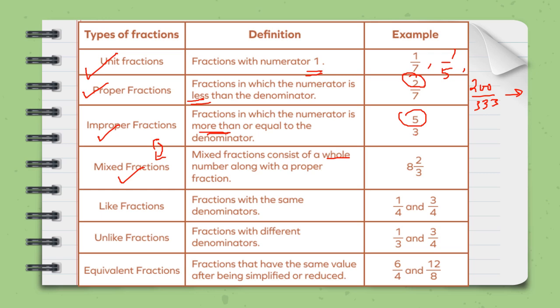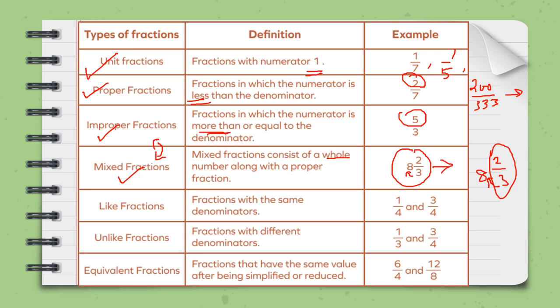Okay, let us take an example. I'm going to convert this mixed fraction, that is 8 2/3, to an improper fraction. So how do I convert? I'll multiply. This is my whole part: my whole part here is 8 and the proper fractional part is 2 by 3. Now I'm going to multiply 3 and 8.